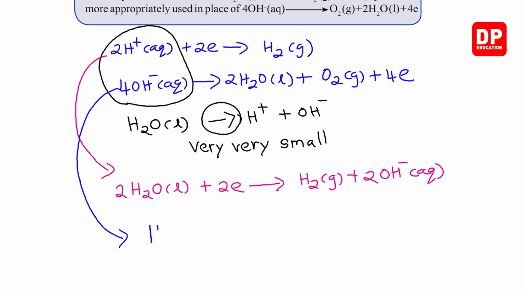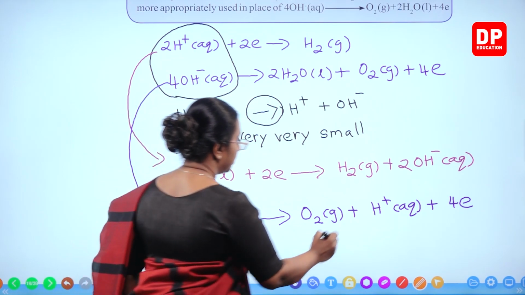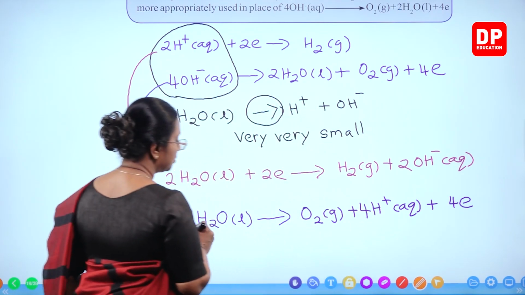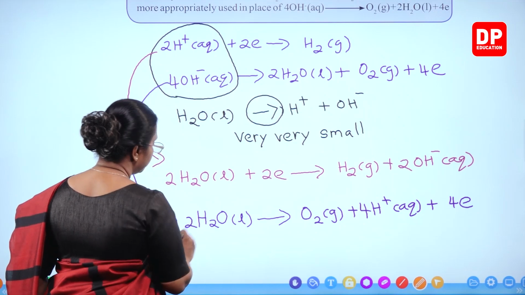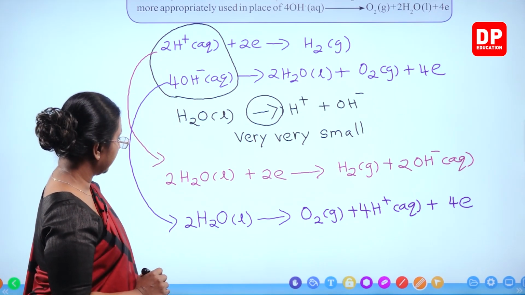So, here also we can write water liquid giving rise to O2 gas plus H plus aqueous, losing 4 electrons. So, here of course we will have 4 H plus and 2 H2O liquid. So, that is the other reaction.